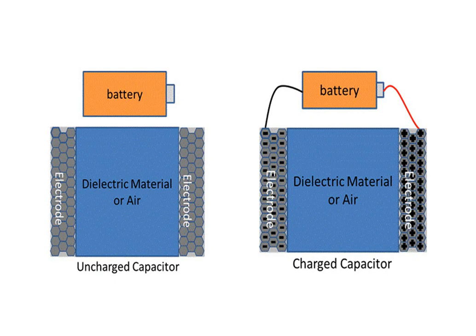Let's see this diagram first. We know that a capacitor is used to store energy. When we charge a capacitor with the help of a battery, transfer of electrons from one plate to the other plate takes place. So here work is done by the battery to move the electrons against the opposing forces.